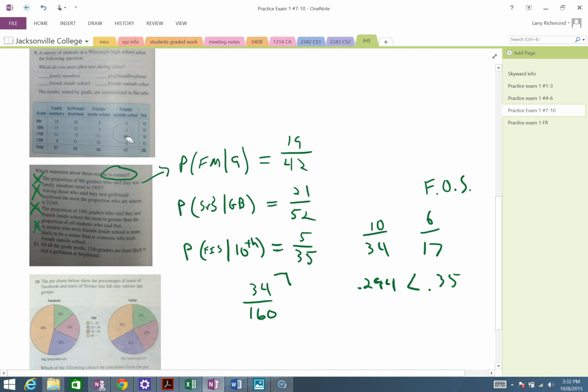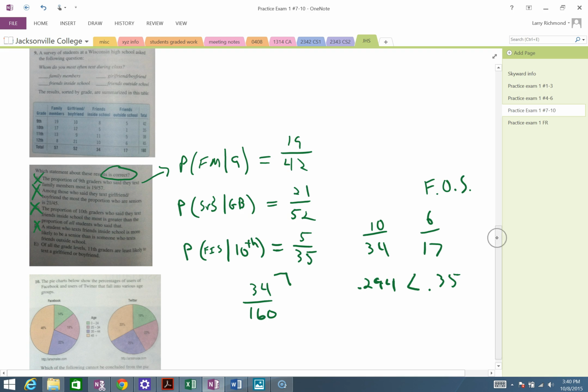So now we're looking at the texting the girlfriend or the boyfriend column. 9th graders are the least likely. All right, E, of all the grade levels, 11th graders are least likely to text a girlfriend or boyfriend. So here the conditional is of all the grade levels.